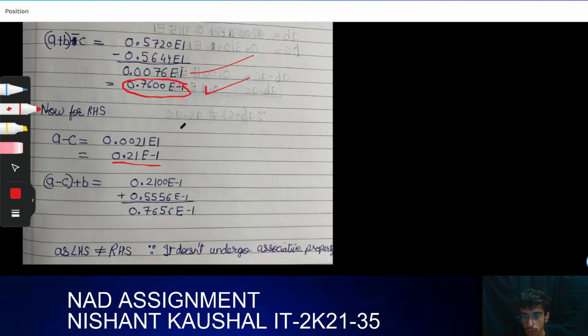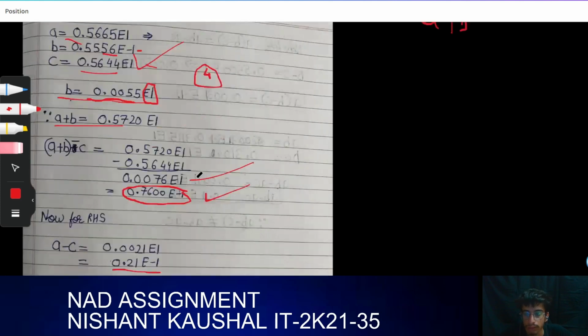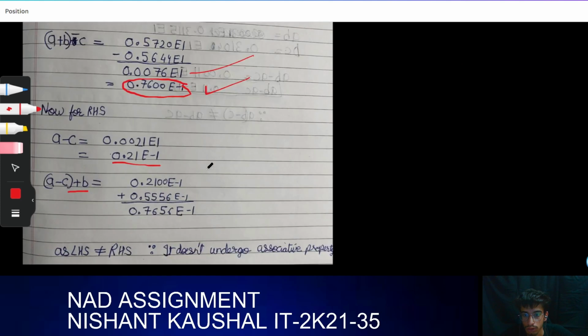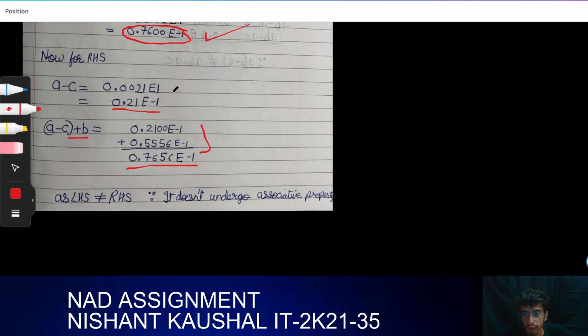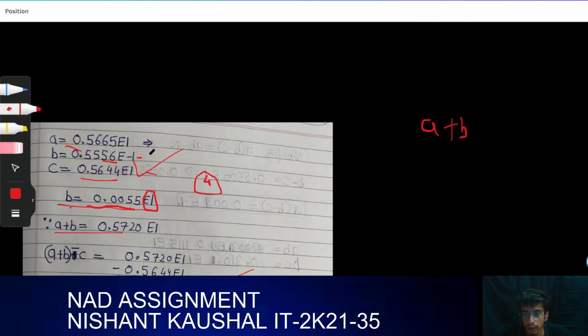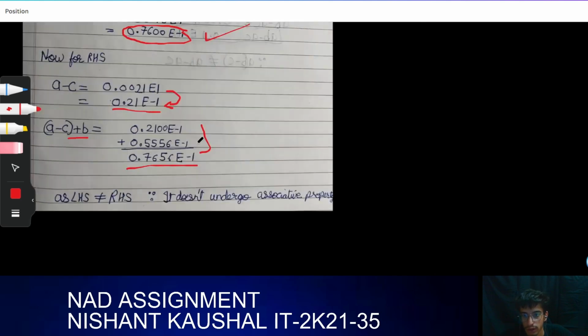And now we will add b to a minus c, so b will be 0.7656 e raised to the power minus 1. Here we have converted a minus c to e raised to the power minus 1 because b is already in e raised to the power minus 1 state.